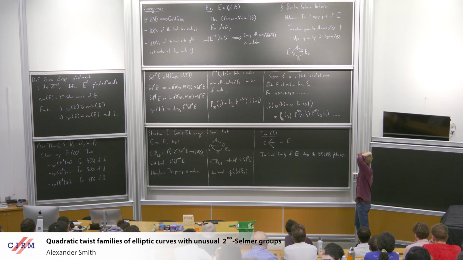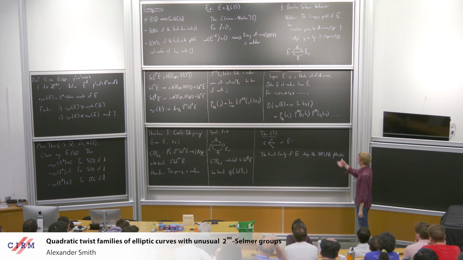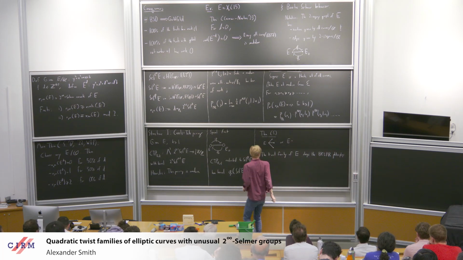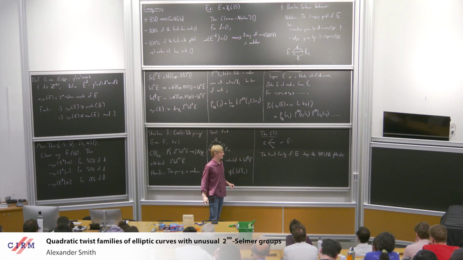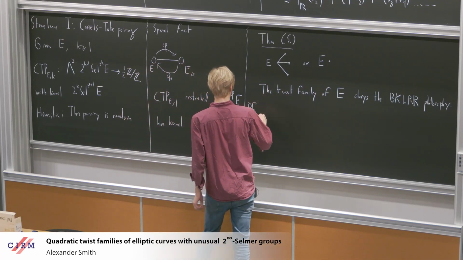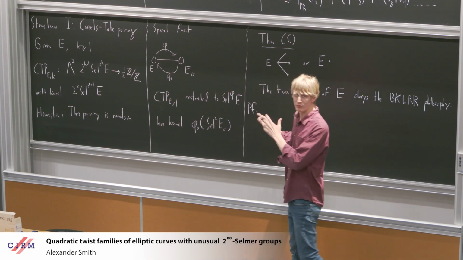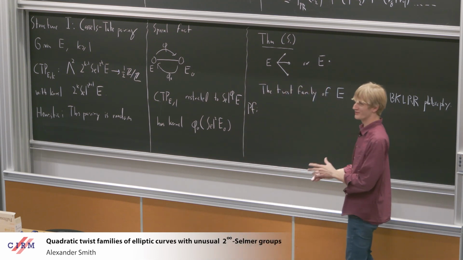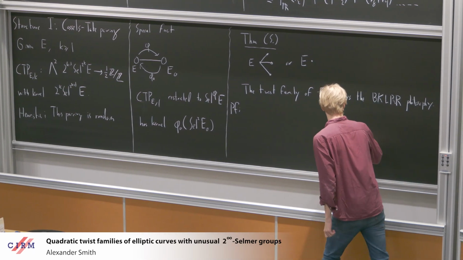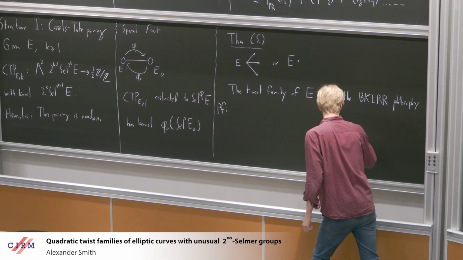So what this means is the behavior we expect from all elliptic curves is seen in these sort of miniature families. And I actually want to mention a little bit about the proof of this, but in a very hand-wavy way. So it's a story of 2 machines.